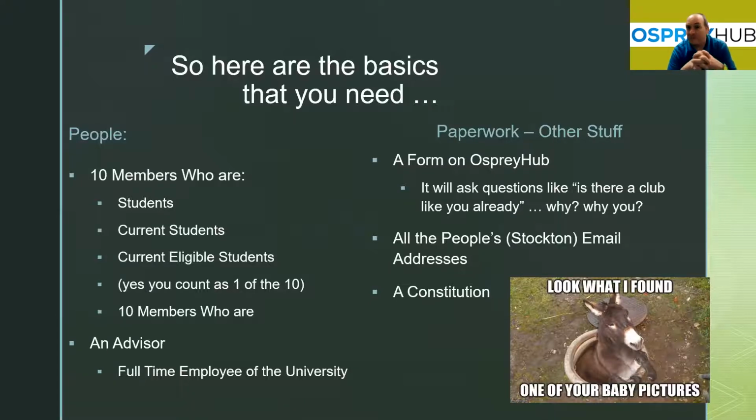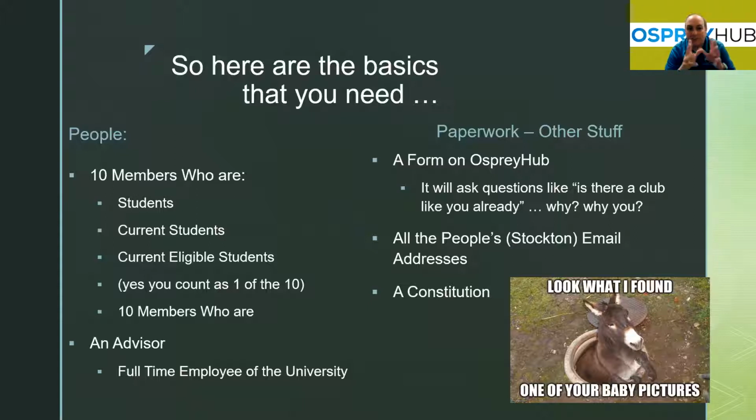So if they say that they're an adjunct or they say they're part-time, we might need to look for something else. By the way, that doesn't mean they shouldn't be your advisor. It just means that you need to have at least one advisor who is a full-time employee of the university. We also have people who come here every day to work, but they don't work for the university. They work for either Chartwell's or the bookstore, and those are organizations that are not university employees.